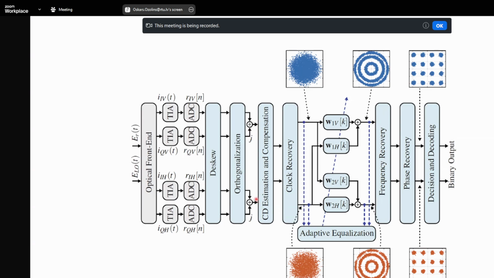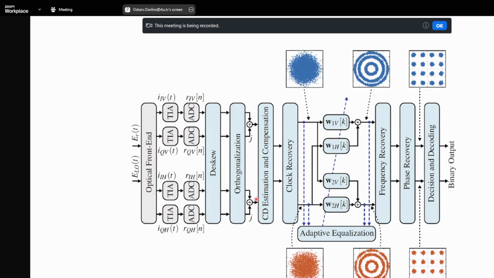And when you have complex numbers, then you have access to both amplitude and phase. And this is the biggest difference between intensity modulation direct detection systems and digital coherent optical communication systems, because in intensity modulation direct detection you're dealing only with intensity. So basically you maybe get an amplitude value, well most likely an intensity value, but you don't get the phase part. Here you can get the phase part.